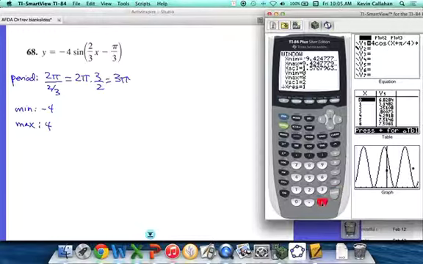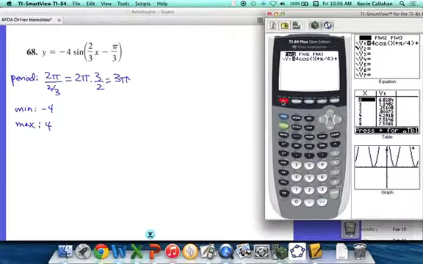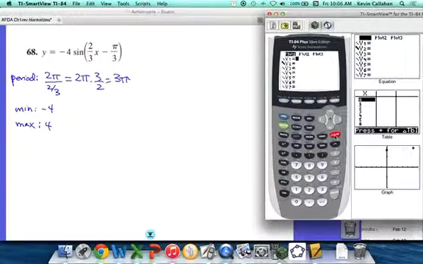Y min is negative 4. Y max is 4. And I'll leave the scale alone, and now I'm just going to enter the right function here. Negative 4 sine 2x over 3 minus pi over 3. Graph.